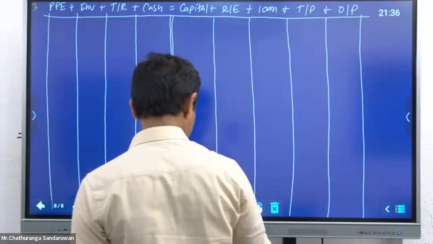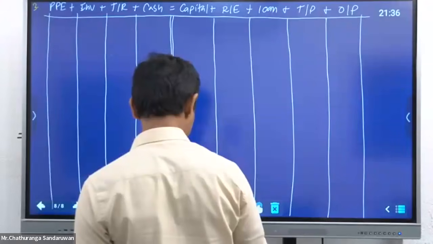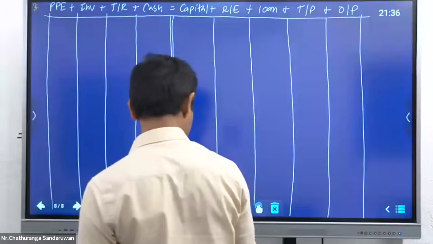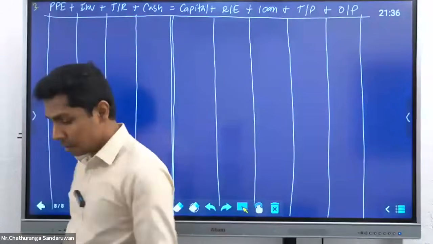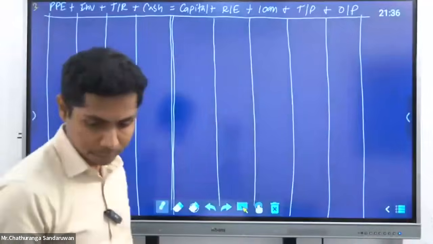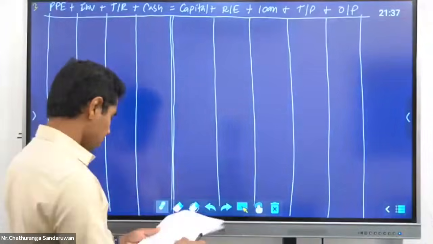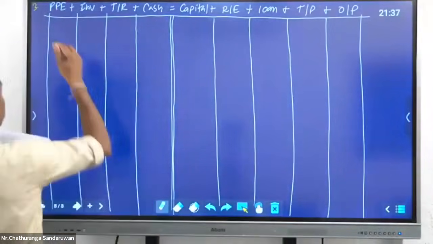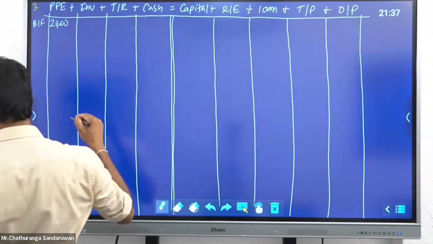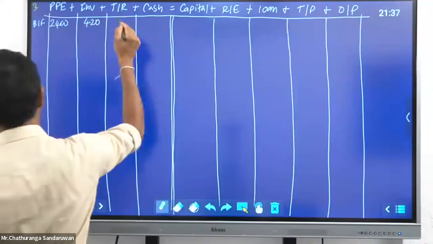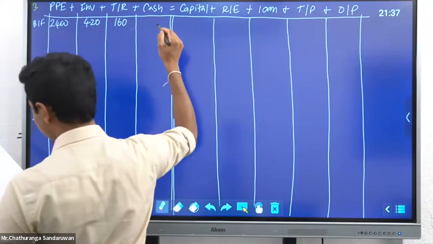All right, if needed I will write once again. Okay, so we can write the beginning balances. Property, plant and equipment, the carrying amount is 2,400. Brought forward balances: inventory 420, trade receivables 160, cash 195.